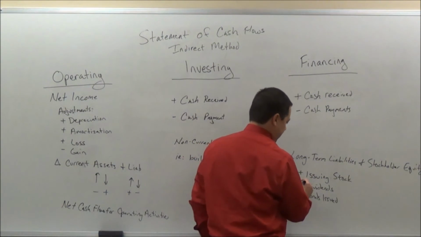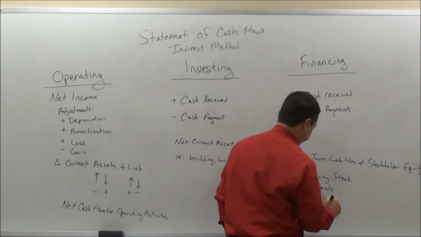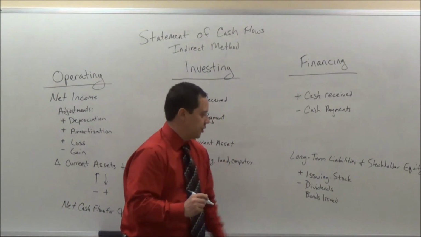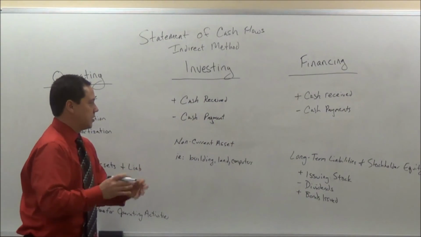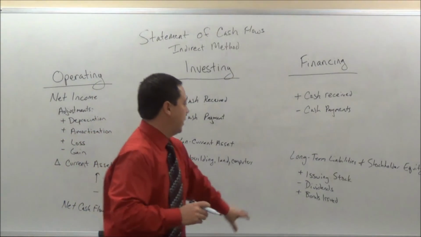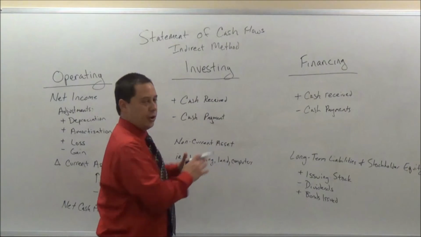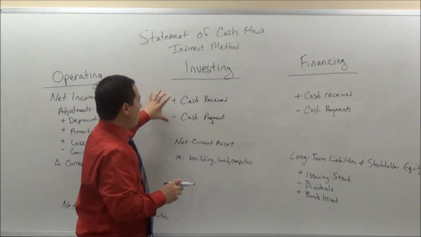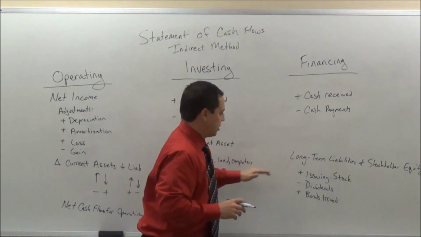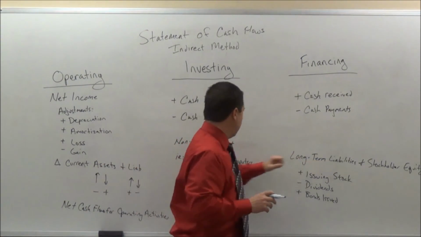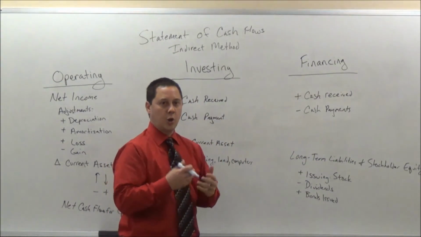If I'm paying dividends, I will then subtract. And then if I have bonds issued, I will also get money in for that. So those are some of the changes that can happen as a part of our financing activities. So in the financing and investing portion of it, it's a little simpler in the fact that we just figure out what is received and what we are paying out. And we focus on these areas here, non-current assets for investing and for financing our long-term liabilities and stockholders' equity.